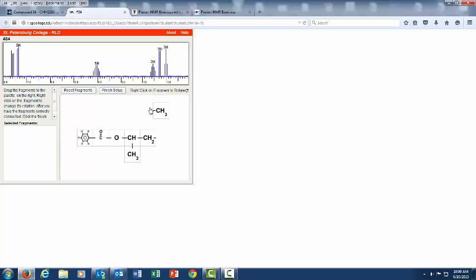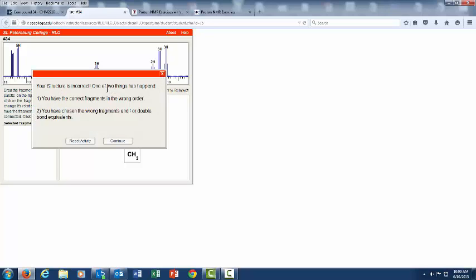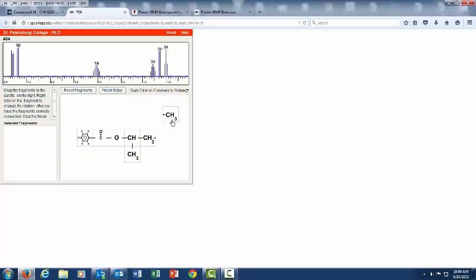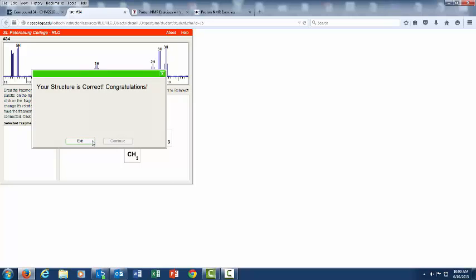Now just for fun, I'm going to put this over here and see what happens when I click on Finish Setup. It says your structure is incorrect. So I can continue the activity and correct the structure, and then click on Finish Setup, and it says my structure is correct.